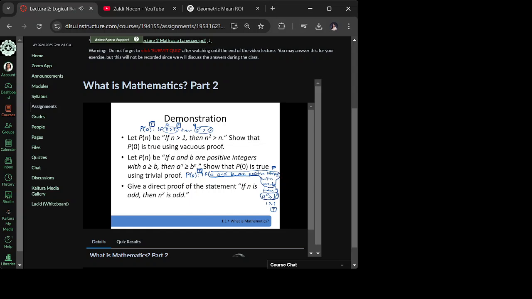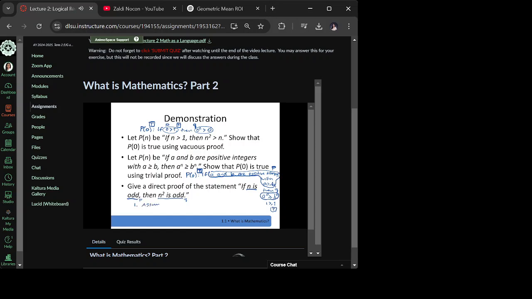In the third example, we are being asked to give a direct proof of the statement, if n is odd, then n squared is odd. N is odd is P, and n squared is odd is Q. Step 1.